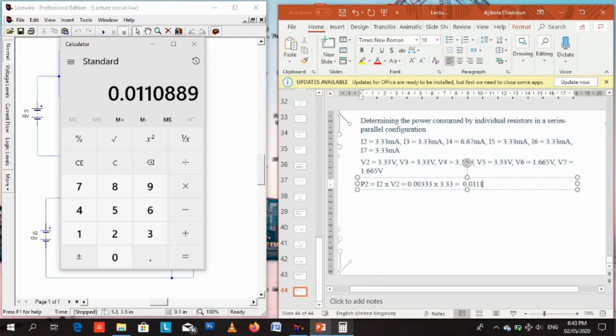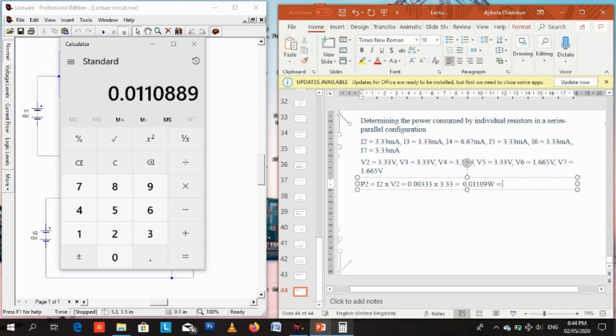0.111 watts, capital W. That's the power consumed by resistor R2, which is P2. So we can remove that one and probably just make it 0.1109.